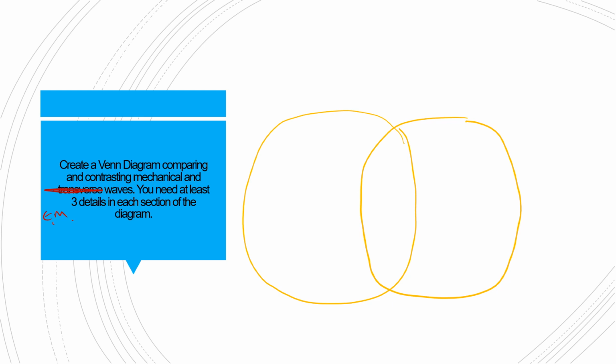All right, so over here we're going to put electromagnetic. And over here we're going to put mechanical. The one thing they have in common is that they both carry energy. Difference here is that these are only transverse.